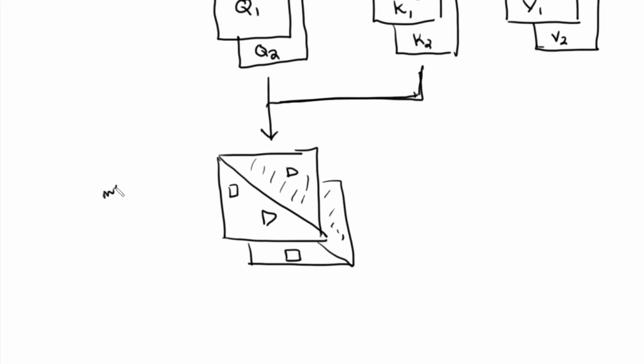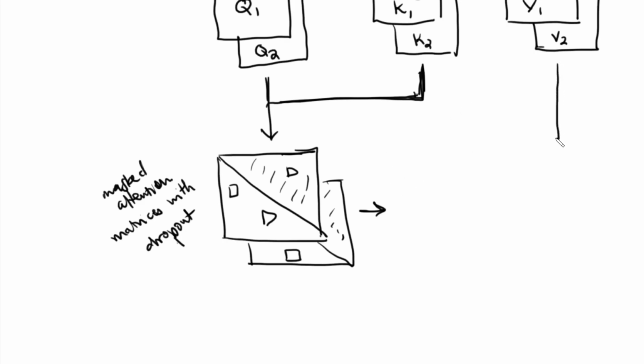And these are going to be our masked attention matrices with dropout. And we are going to have masked attention matrix number 1, masked attention matrix number 2, because we are applying Q1 to K1 and then Q2 to K2. So two operations there.